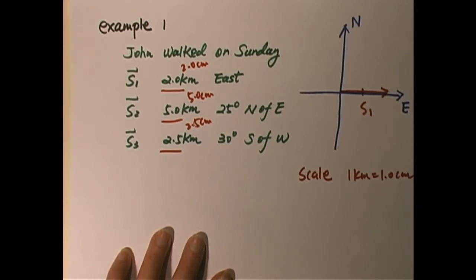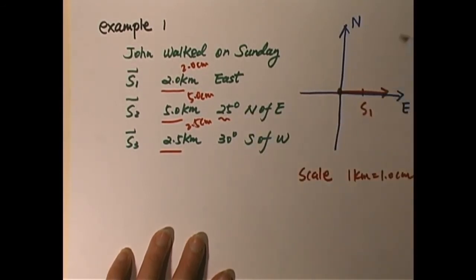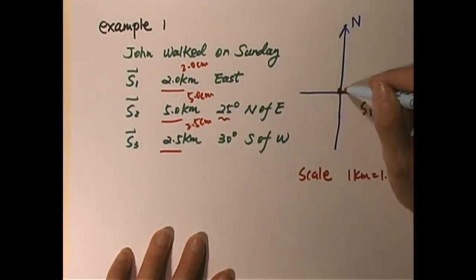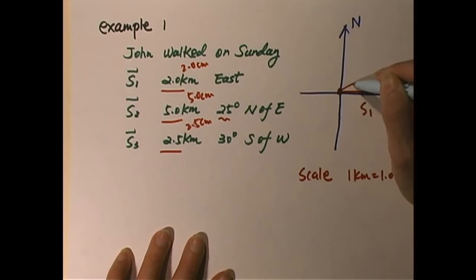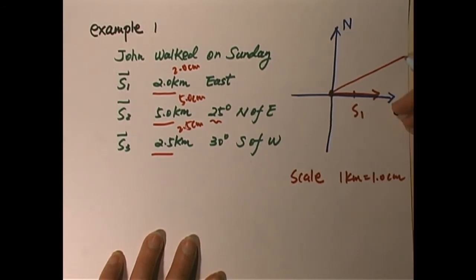What we need to do is have a protractor, put the center of the protractor here, find the angle 25 degrees north of east, and then we cut a length of 5 centimeters. Say for example this is 25 degrees and that length is 5 centimeters. Then that is S2. That angle is 25 degrees north of east.